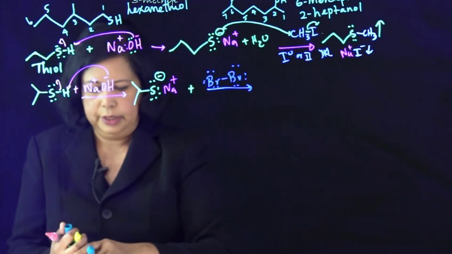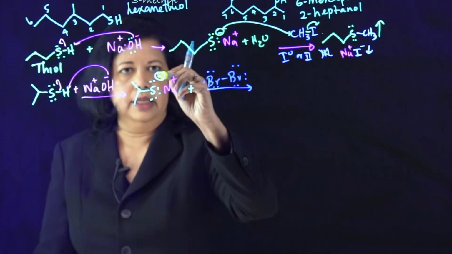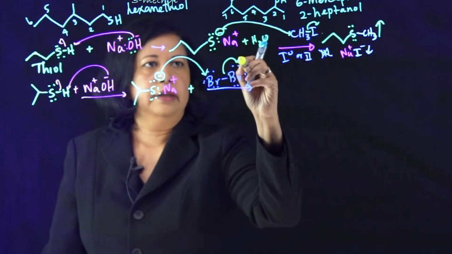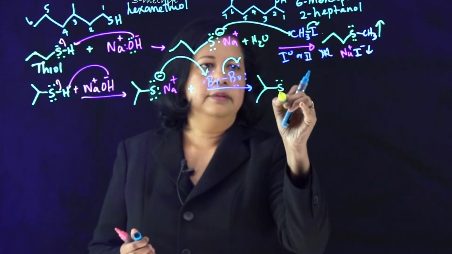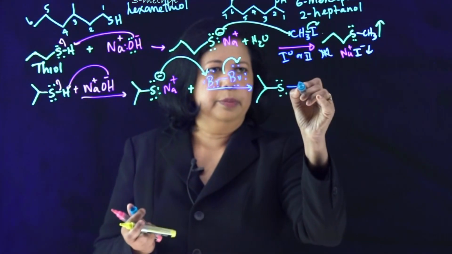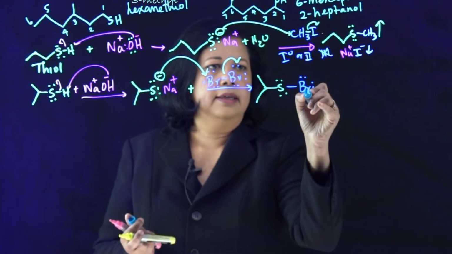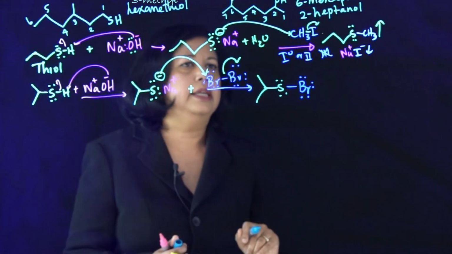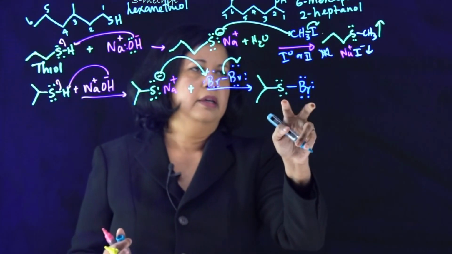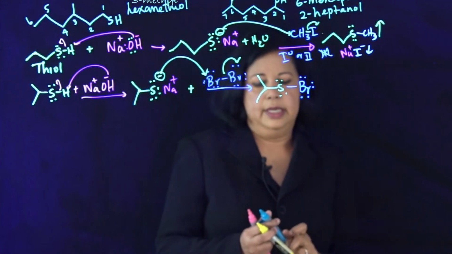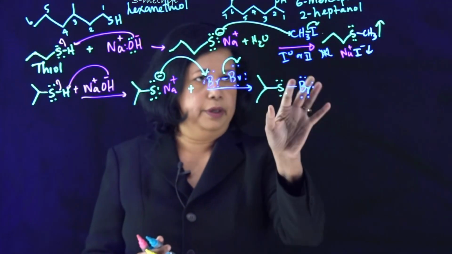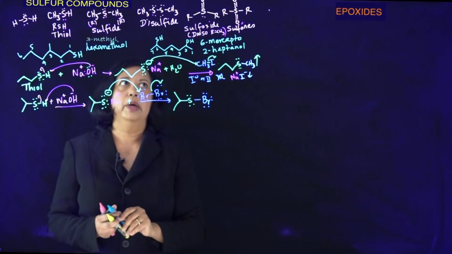You can do an SN2 kind of a reaction right here with the bromine and create a good leaving group on the sulfur. So your sulfur now has a good leaving group. Just like you can have an O-Cl bond, S-Br bonds are more stable. As I said, sulfur is not very electronegative, so the overlap here with the sizes is quite good.